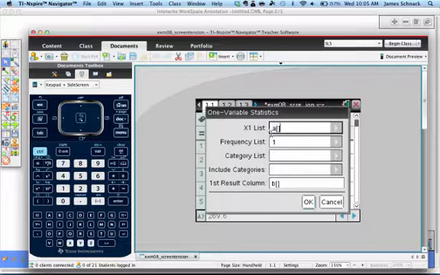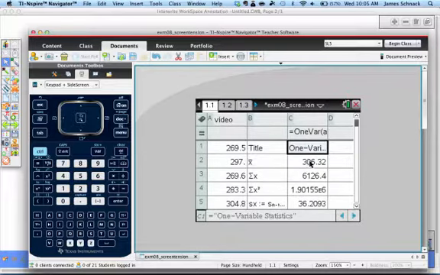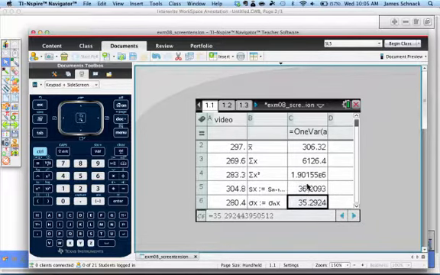My data is in list A. I'm going to put my results in list B. That's good. So here's x bar, and here is my standard deviation. So we have mean, we have standard deviation, we know n is 20.